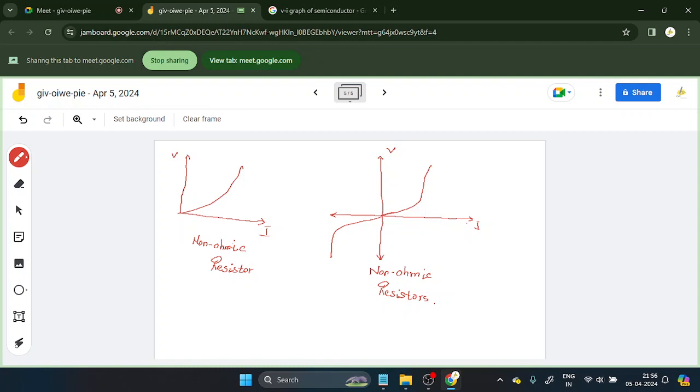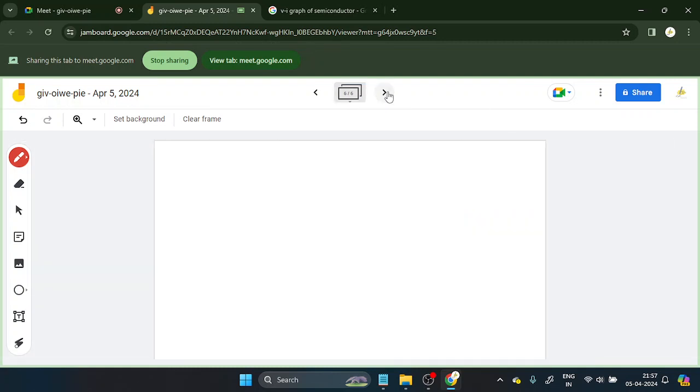Okay, so now what is the difference between the ohmic and the non-ohmic resistors? I am going to write here for you. So just copy that down and then we will do the next heading. Difference between ohmic and non-ohmic resistors.